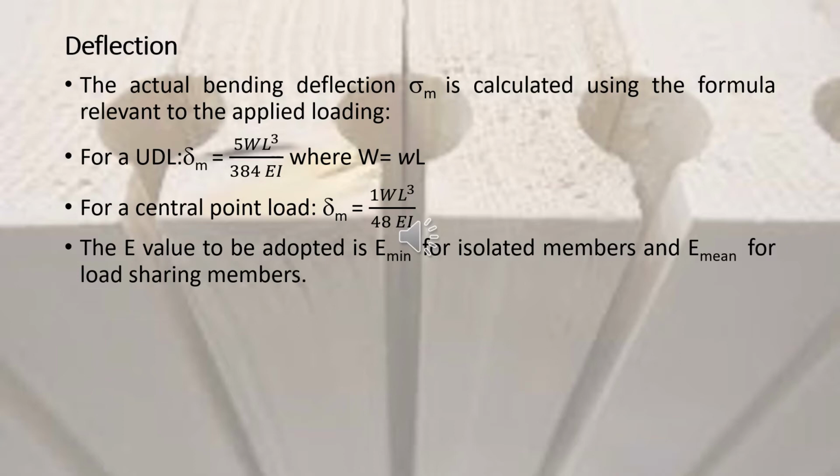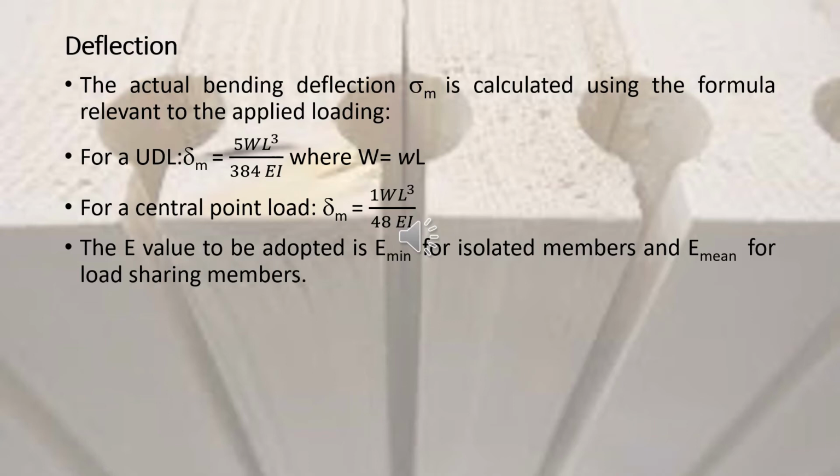Now, you have to bear in mind that the W, capital W, provided in the formula stands for a UDL multiplied by L. So if you were to put it in the UDL version, it would have been 5wL^4 over 384EI. For a central point load, the deflection at midspan due to the moment is going to be WL cubed over 48EI, where E stands for the Young's modulus and I is the second moment of inertia of that section.